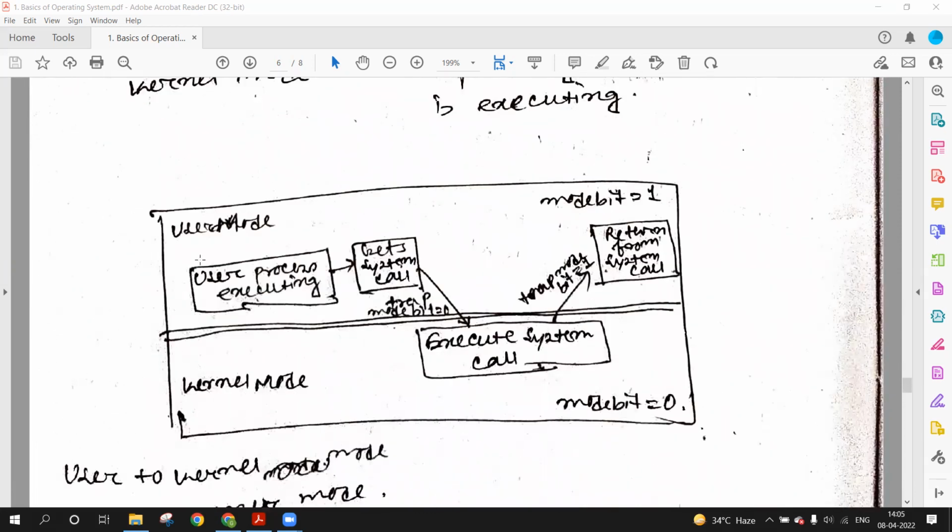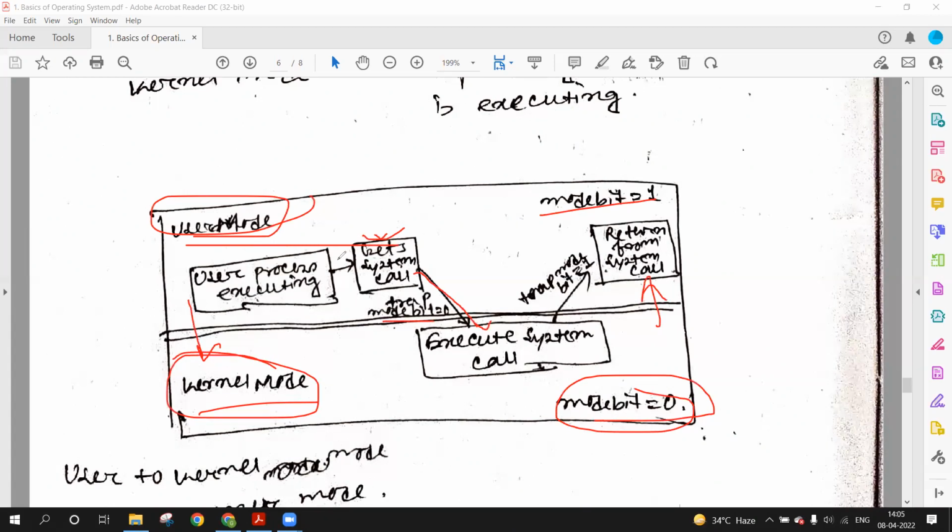When a user process executing gets a system call, it traps and the mode bit becomes 0, which moves from user mode to kernel mode. When the mode bit changes to 1, it goes back to user mode. So in user mode the bit is 1, in kernel mode the bit is 0.